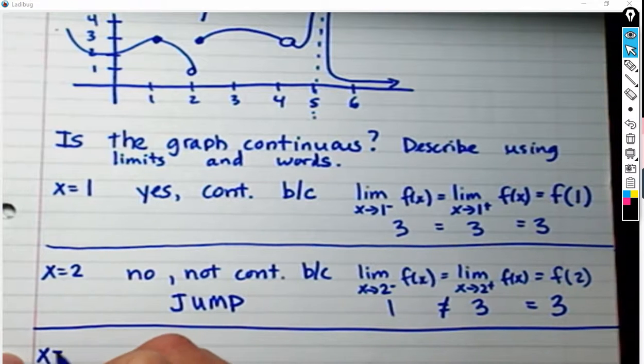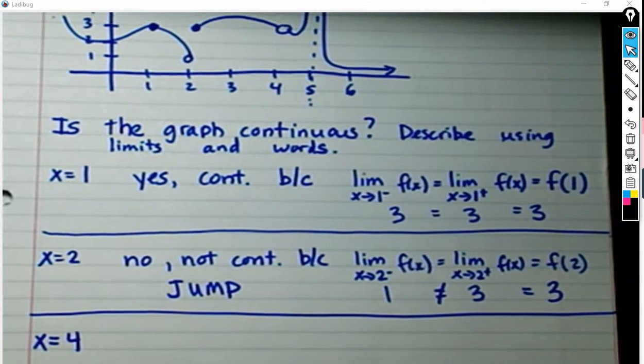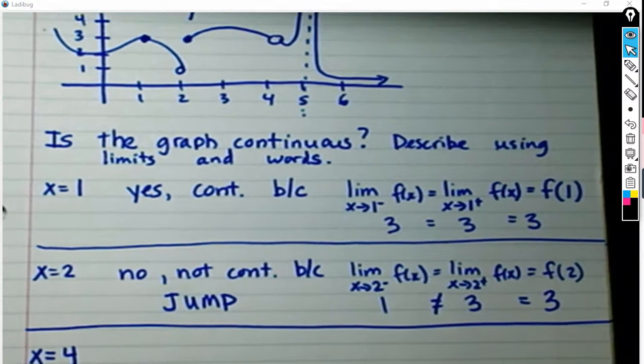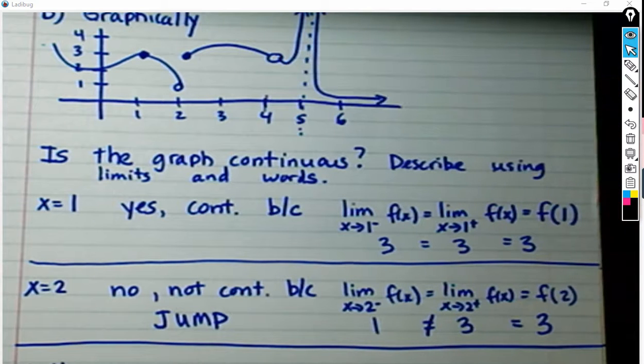All right, x equals 4. Okay, let's follow the format. Aaron, is the graph continuous at x equals 4? At x equals 4, which is right here, is the graph continuous?